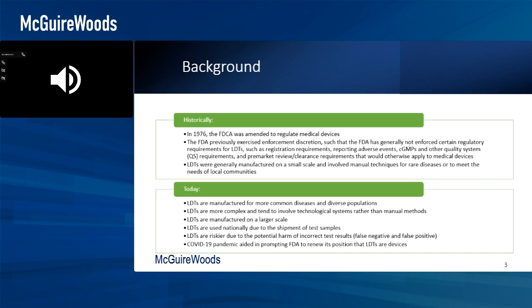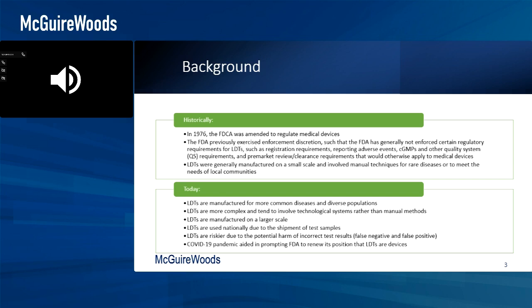So, 1976, the Food, Drug, and Cosmetic Act was amended to regulate medical devices. There's been a lot of on-and-off FDA enforcement discretion here, which we're going to get into. But really, FDA has limited resources and limited ability to enforce in this space.